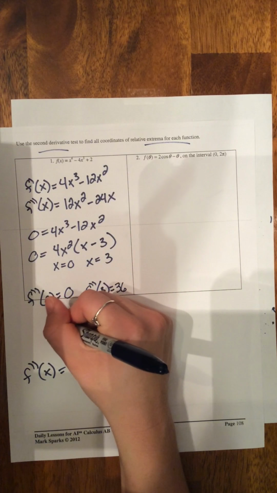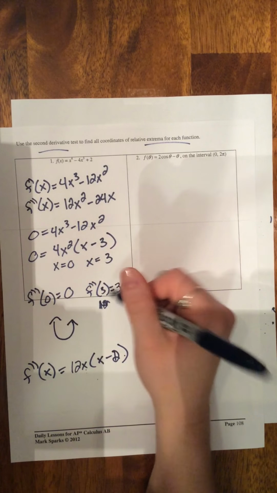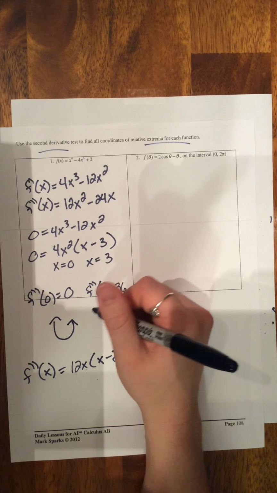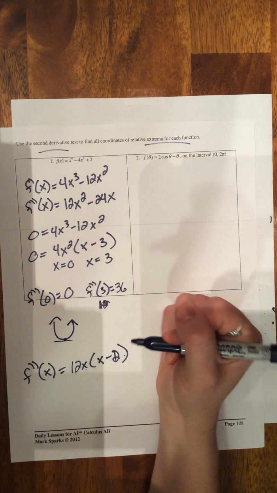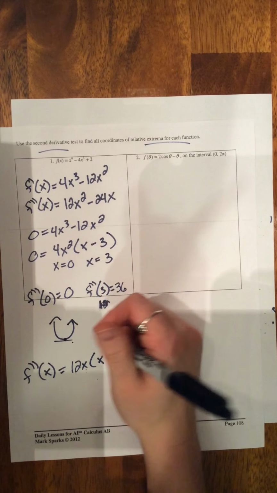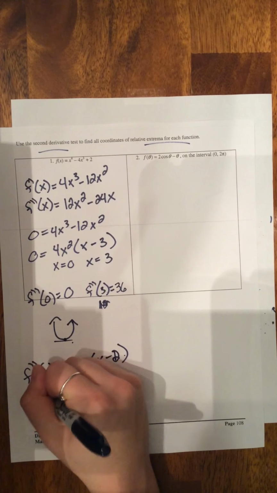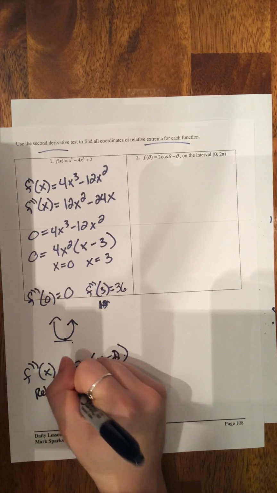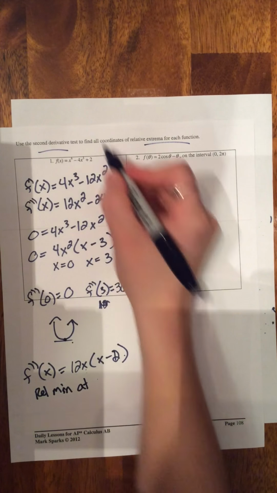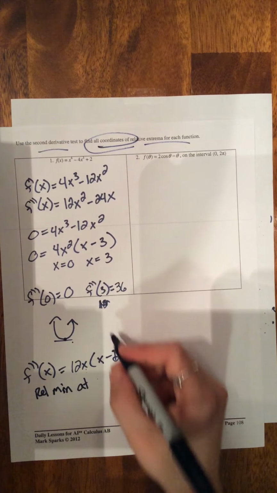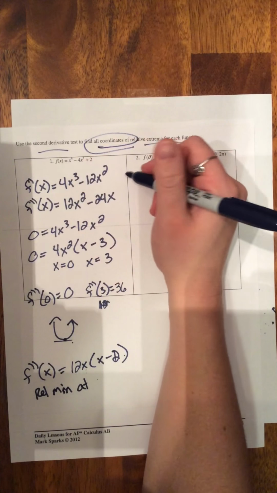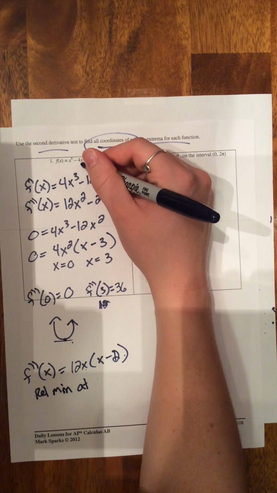f double prime is positive, that means I have a function that's concave up. f prime of 3 is 0. So right here, there is going to be a relative minimum at x equals 3. And then it says find all coordinates. So you have to put your x value, which was 3 in this case, back in here.